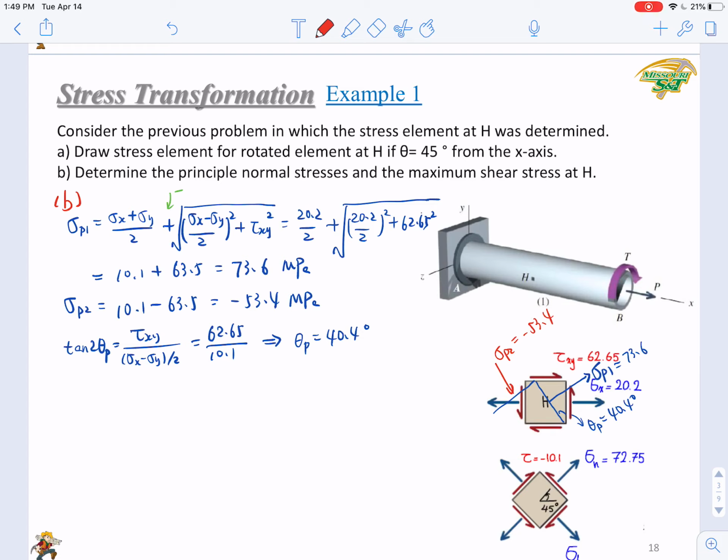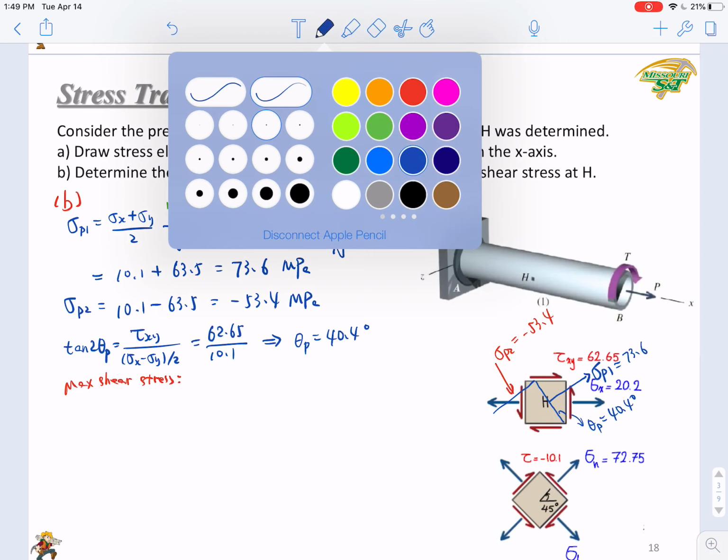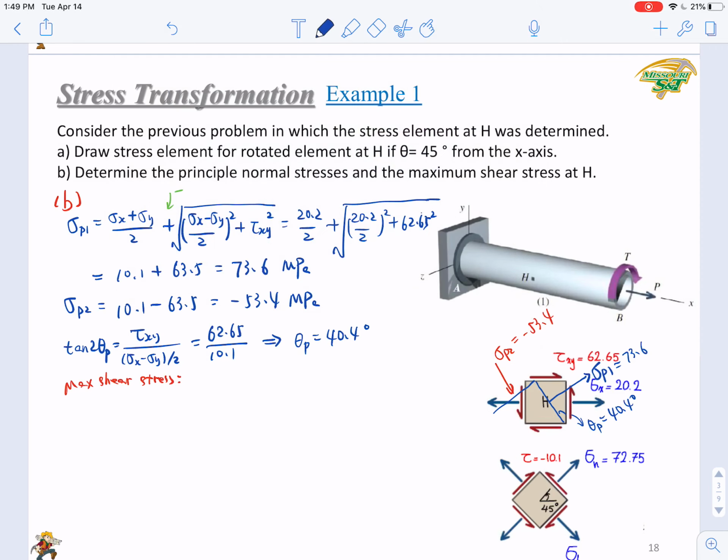Then let's find the maximum shear. We have another equation: tau max equals the difference between the two principal stresses over 2.